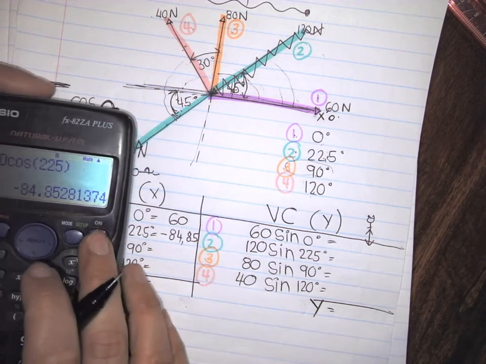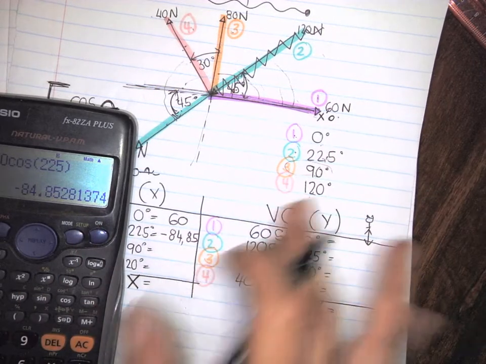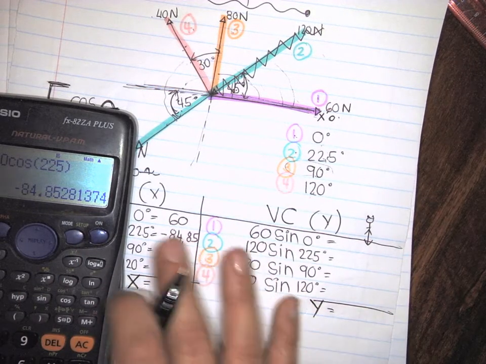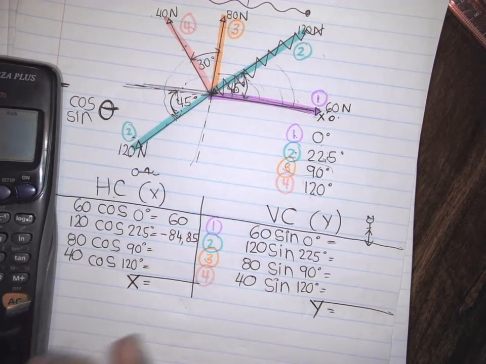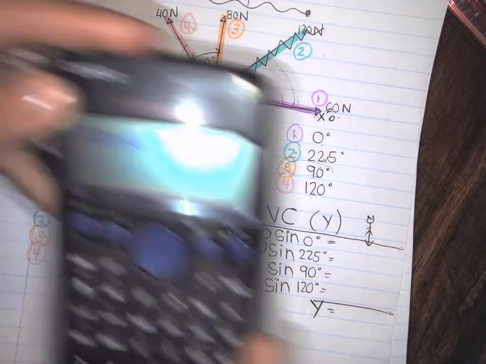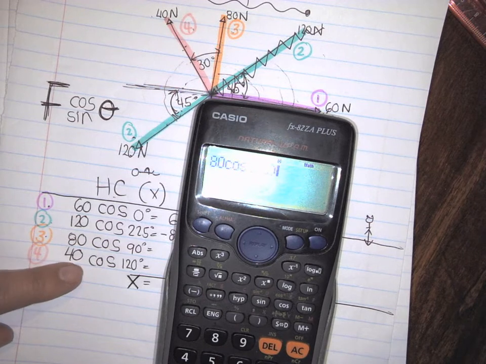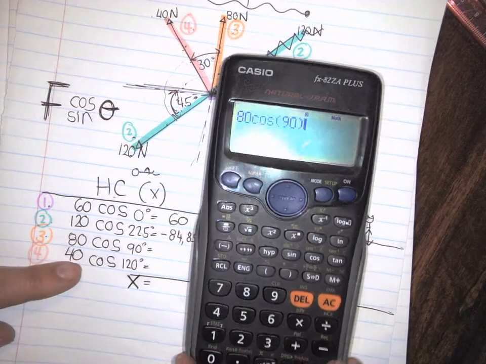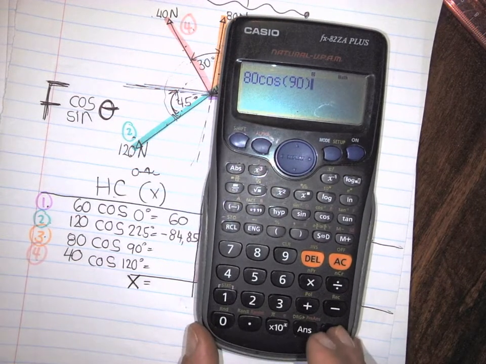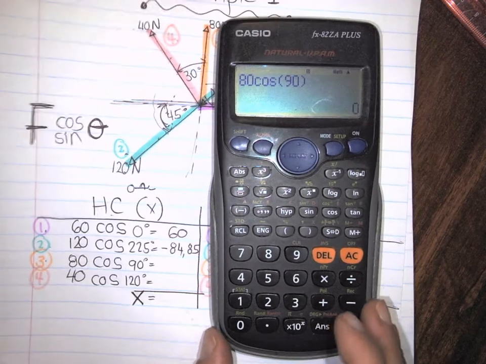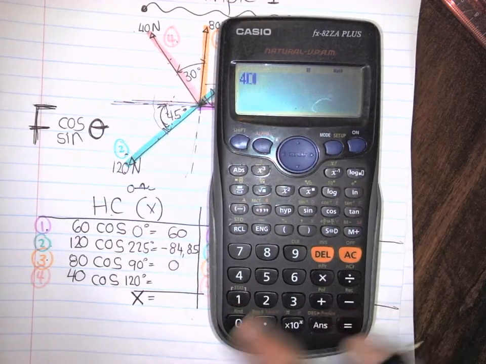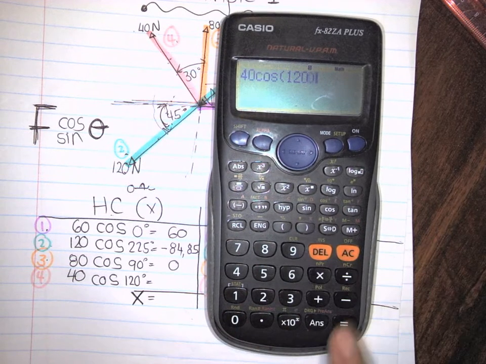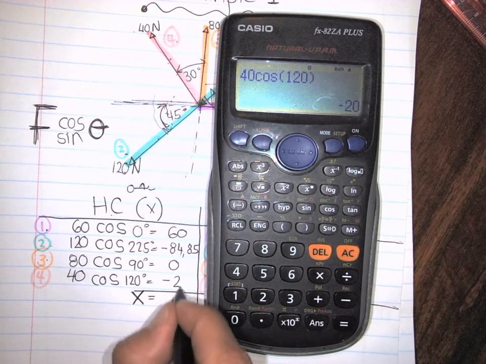So you see automatically by using this method, it shows you if it's positive or negative, the answer. 80 cos 90, let me just take this calculator out of the light, is 0. And 40 cos 120 is minus 20.